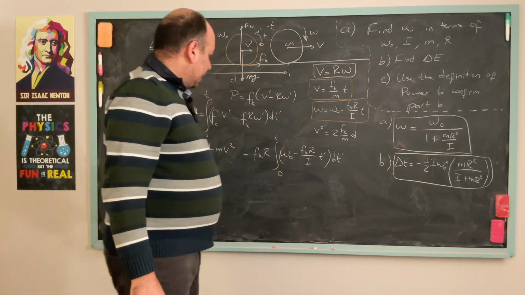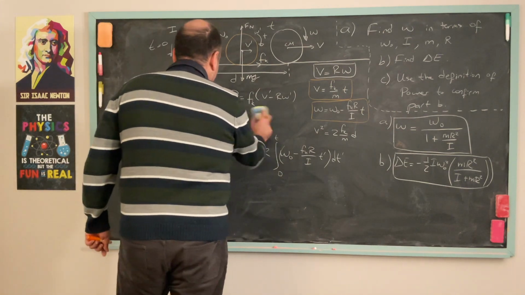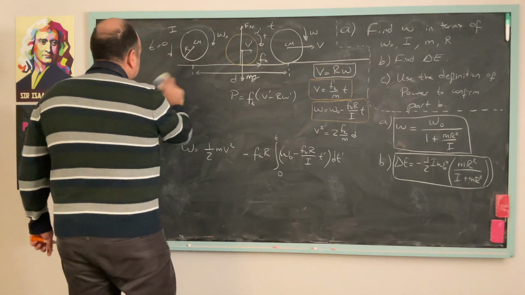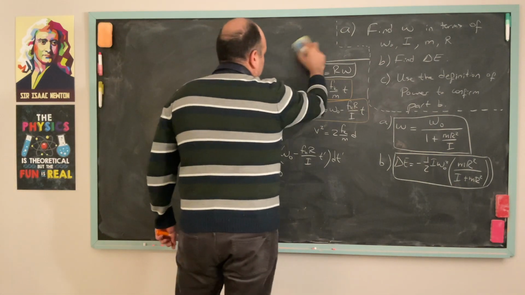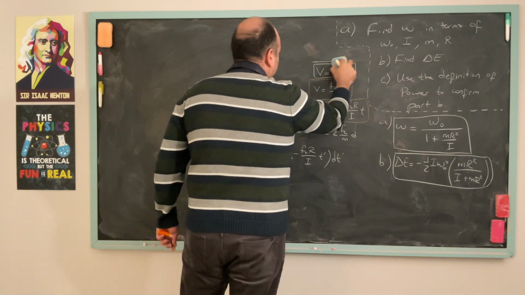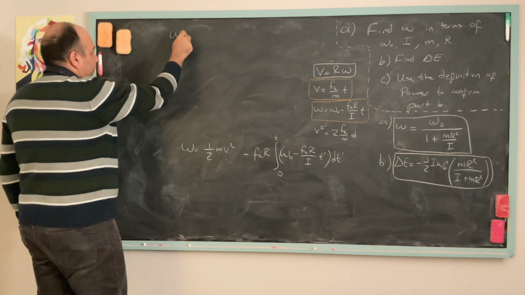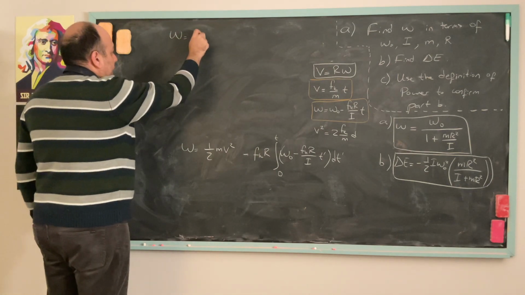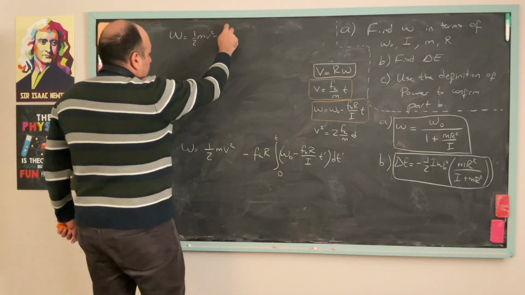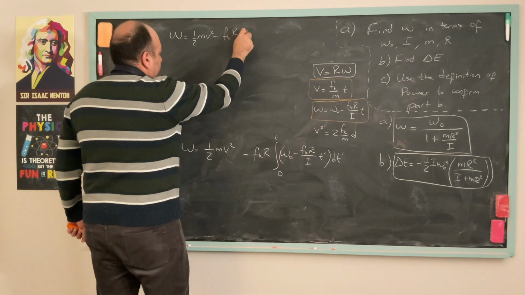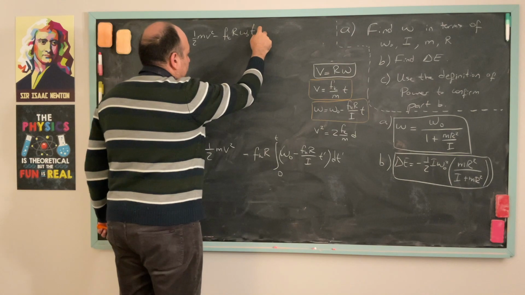So now what I can do is I can simply do the integral. Okay, so let me erase here. I think this part is clear as well. I'm going to start from here. So now the work done by the friction force is equal to 1/2 m v squared minus F_k R omega naught times t, right? This is just constant.